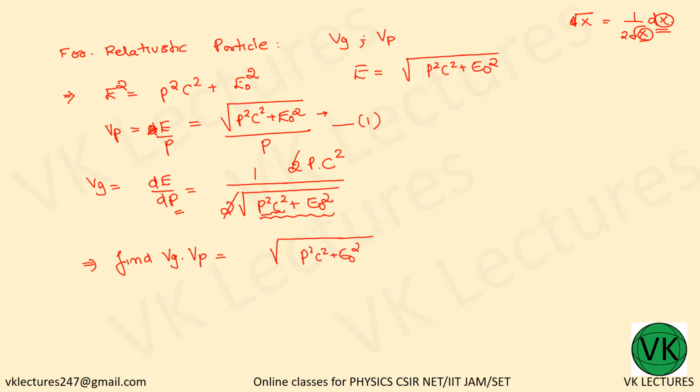In exams you don't write the entire terms, you just write root of some x, just to save time. If you can keep in mind what is root x, just keep it in mind. So Vg times Vp is equal to C square.